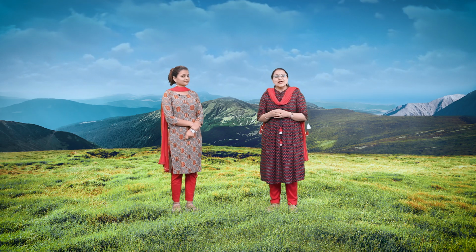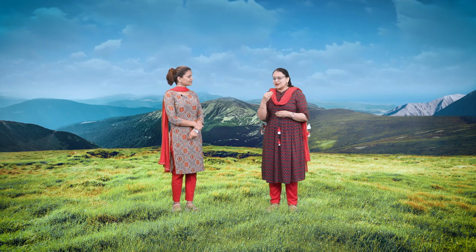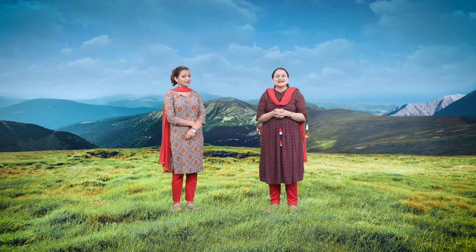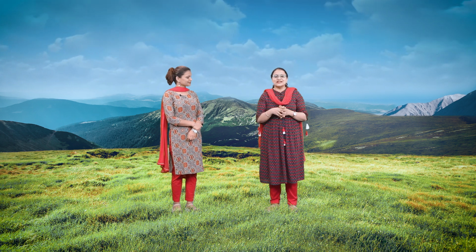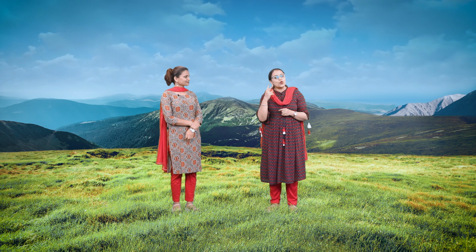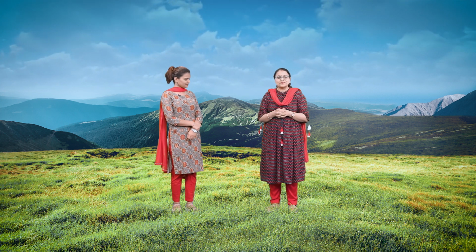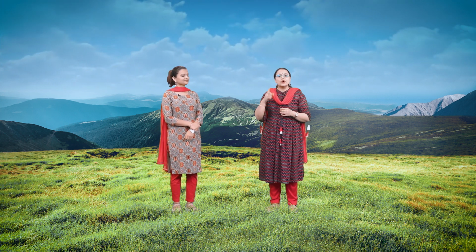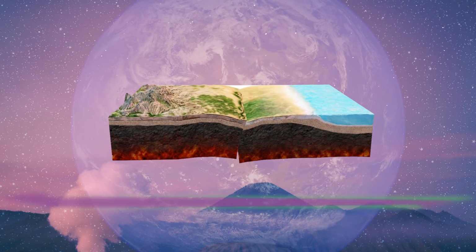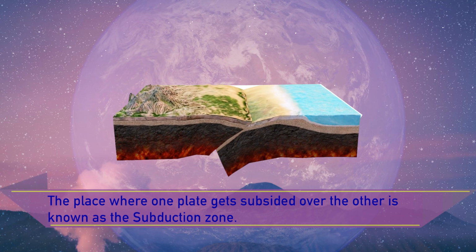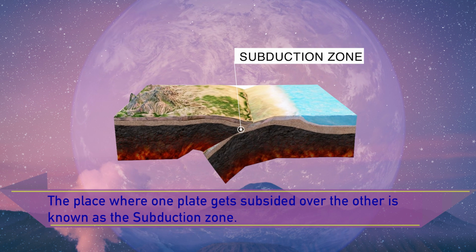Okay. It is like plates getting eaten up by the magma. There can be two continental plates or two oceanic plates as well. The place where one plate gets subsided over the other is known as the subduction zone.